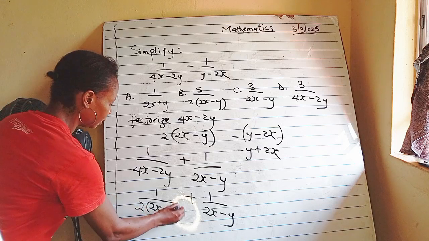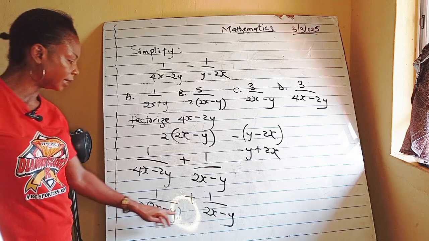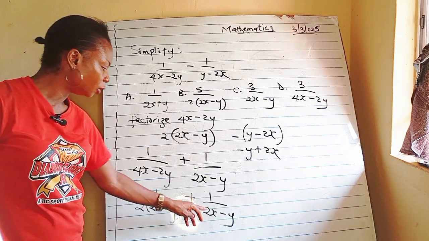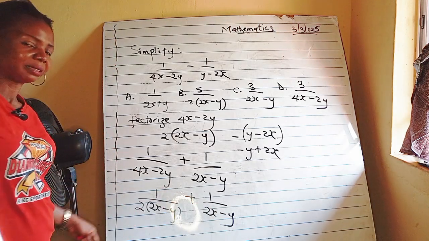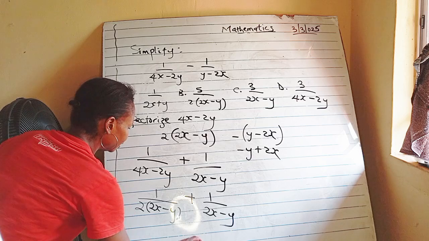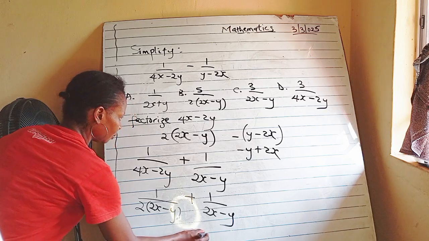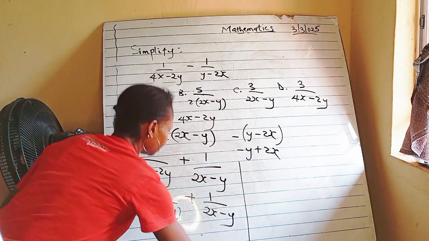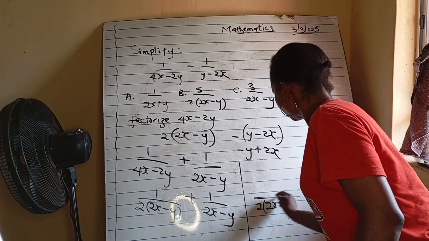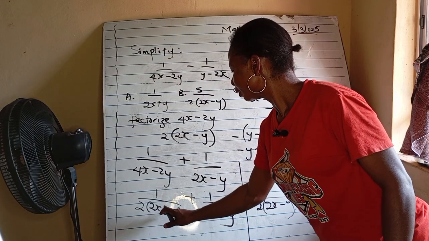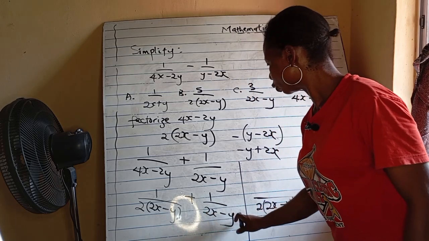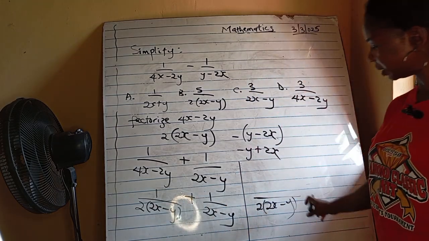Look at it critically. So right now these two are the same, 2x minus y, 2x minus y. The next thing we do is to find their LCM. The LCM is 2 into 2x minus y.